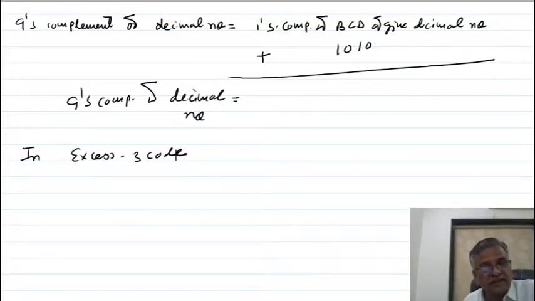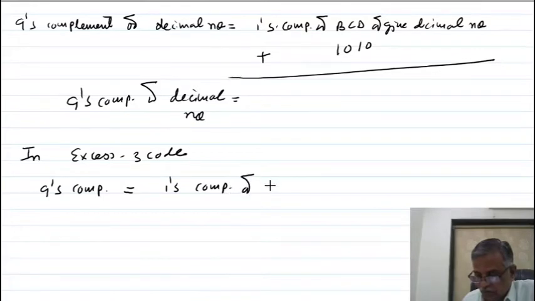Okay. Now, in XS3 code, if you want to find the 9's complement, the 9's complement is nothing but the first complement of the XS3 code of the given decimal number.